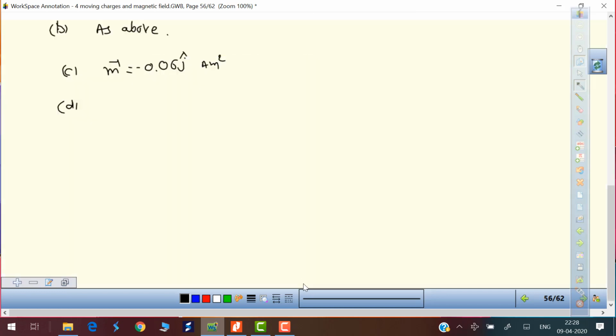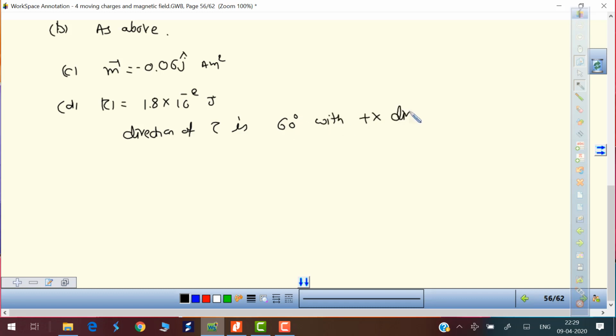So in D, the magnitude of the torque remains the same, that what we have calculated, it is 1.8 into 10 raised to minus 2 joule or Newton meter, and the direction of torque is 60 degree with the positive x direction, and that is in anti-clockwise.